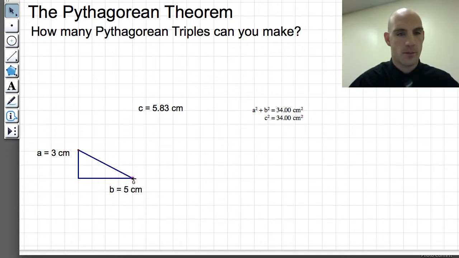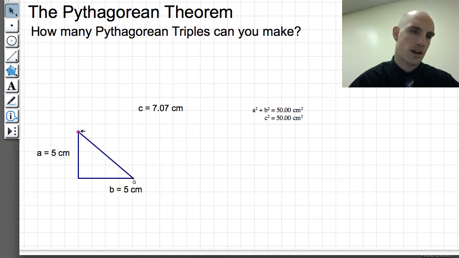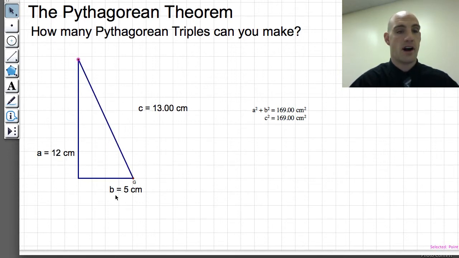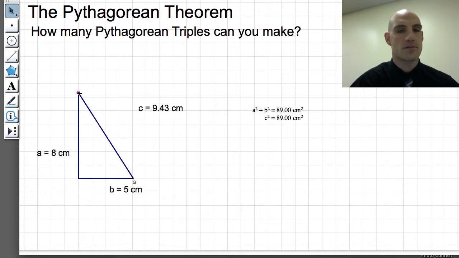If I move them around a little bit more and do a little bit of experimenting, I'm kind of cheating because I know, you're going to notice 5, 12, and 13. So 5, 12, and 13 is another Pythagorean triple that I can use. Everything else in between those gives me these decimals. You see that?